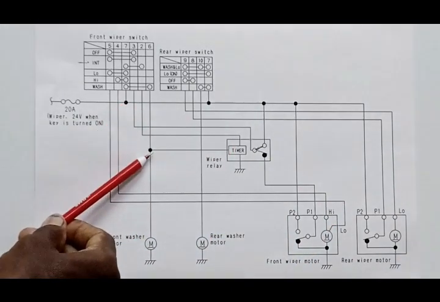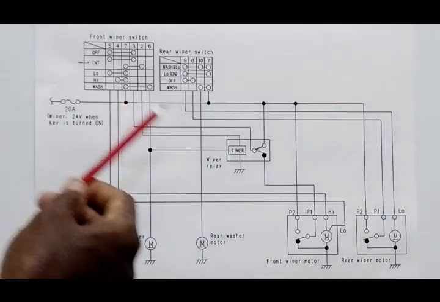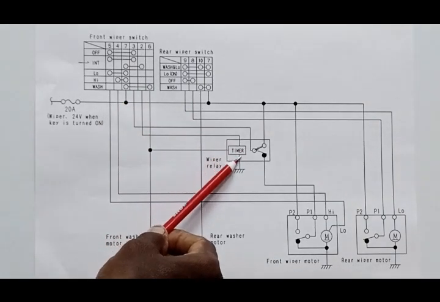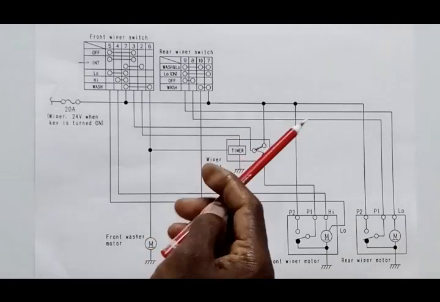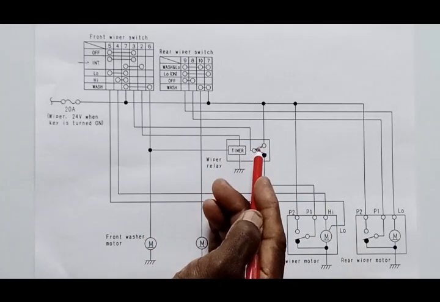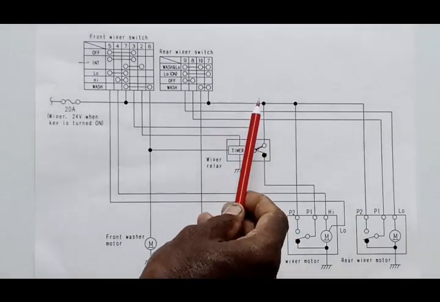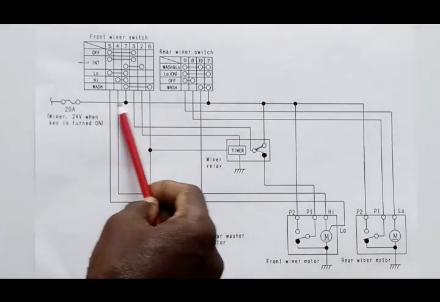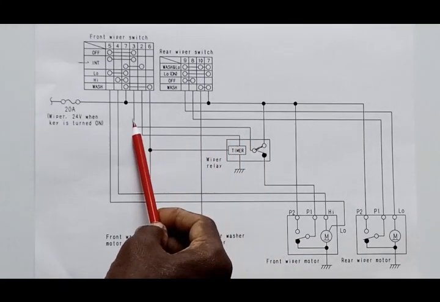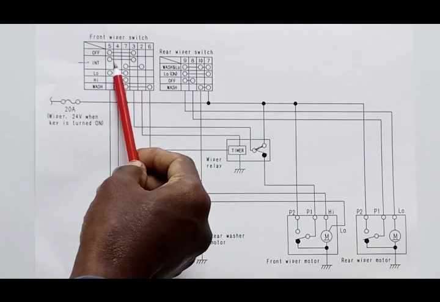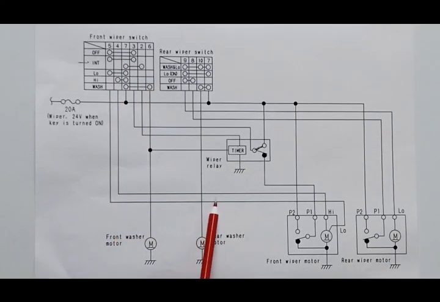At the same time, this current also flows to the timer, and the timer becomes on and activates this relay, and this contact goes from here to here, and current from the fuse passes through this path and reaches the low side of the motor, and our motor starts working.